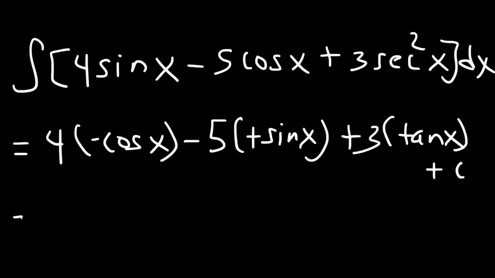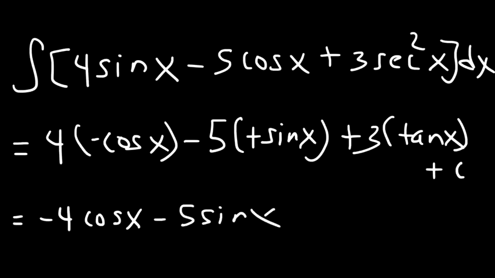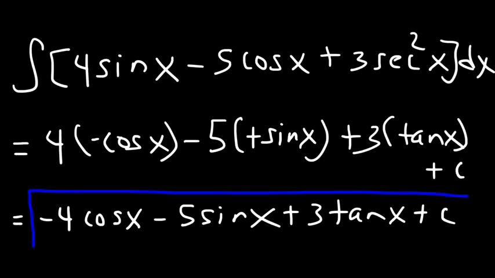And so the answer is going to be negative 4 cosine x minus 5 sine x plus 3 tangent x plus c. And that's it. So as you can see, it's important to know the integrals of common trig expressions so you can do questions like these.